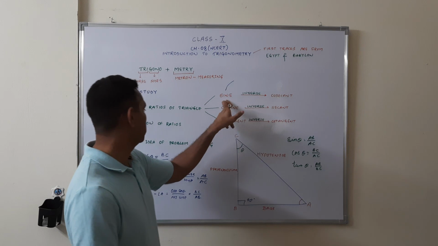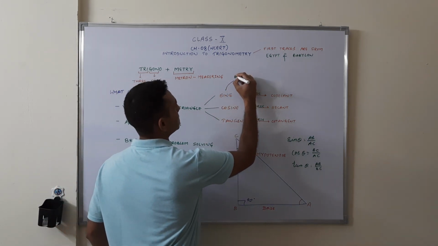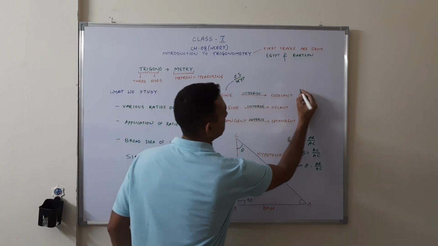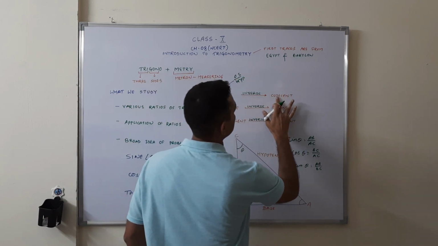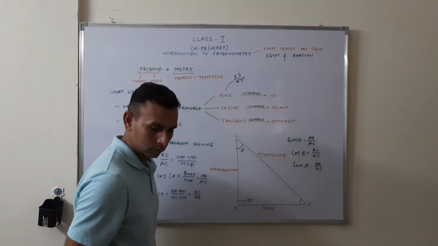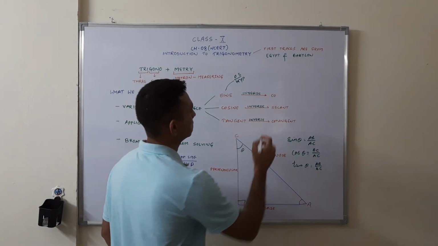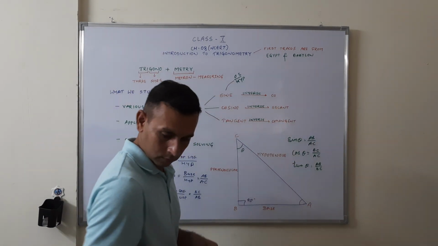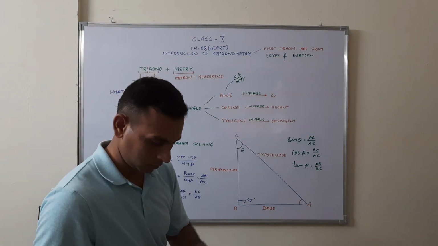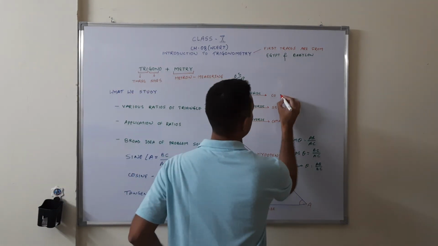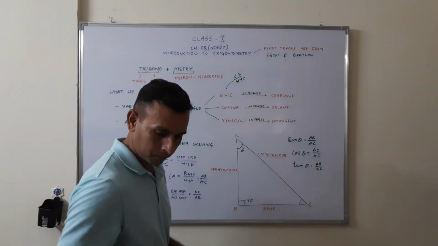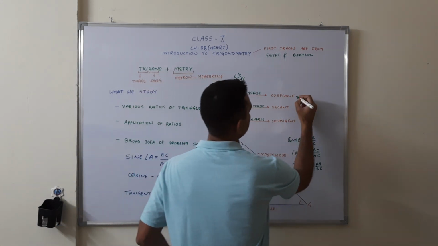When your sine function is opposite side upon hypotenuse, your cosecant function becomes what?